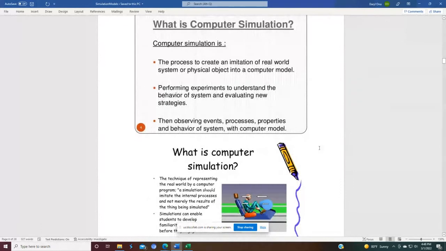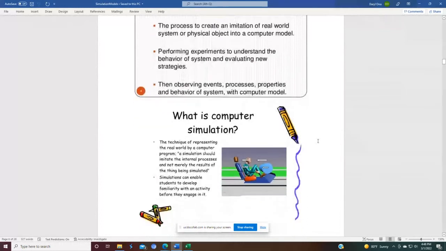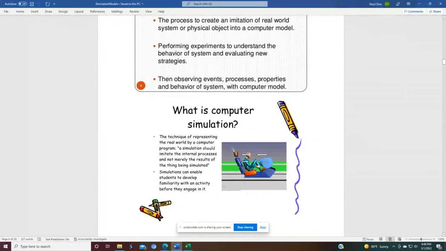Okay, and so in this particular case then, we have a couple more slides on computer simulation. Says the same thing. I like this slide right here because you can see there, what is this simulation trying to imitate? A crash dummy or an accident. What type of protection are you going to get from your car?